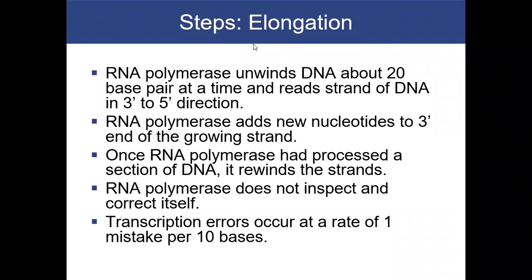Okay, so let's go to the elongation phase of transcription. Now the polymerase unwinds DNA a fixed number of bases at a time. Usually there are 20 bases that it can cover at a time, and it reads a strand of the DNA in a 3' to 5' direction.